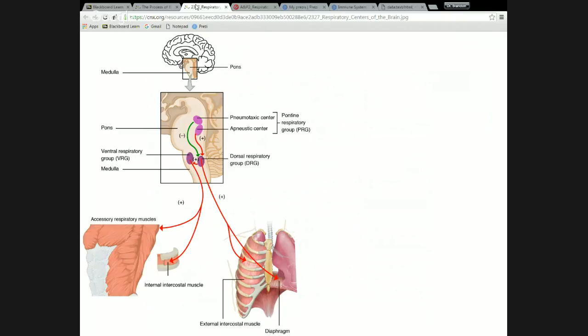The dorsal respiratory group can also activate the ventral respiratory group when needed. The cells here are not autorhythmic. They have to get input from the dorsal respiratory group.